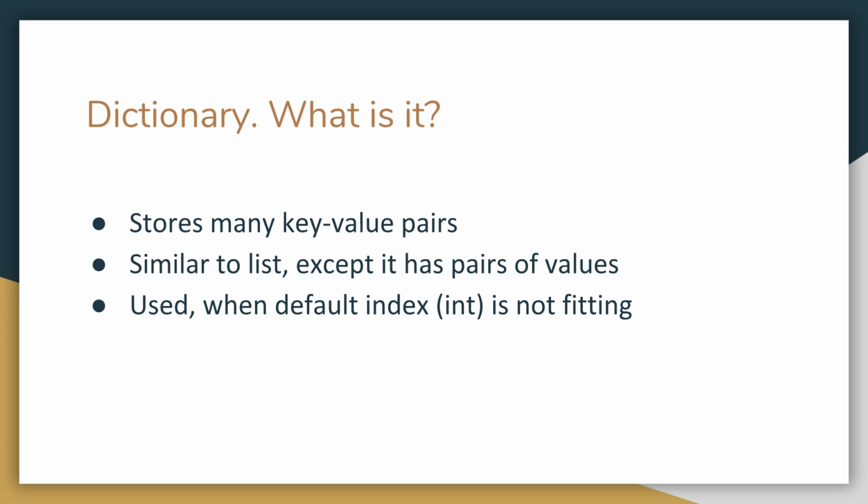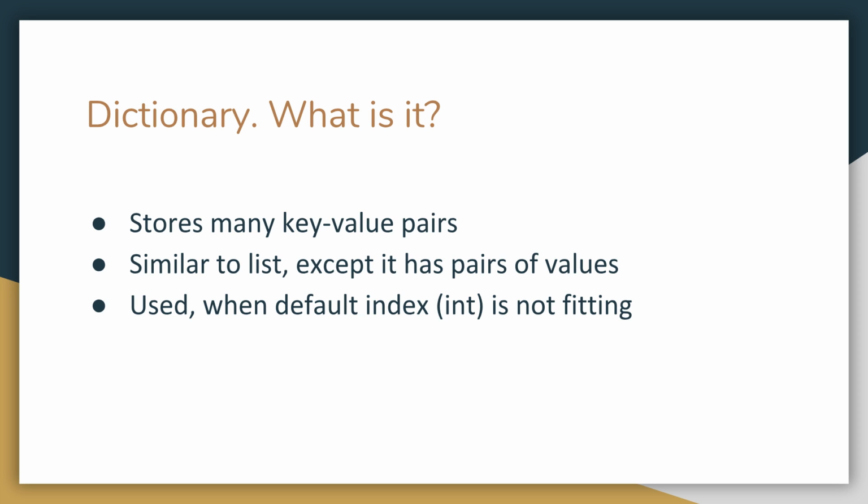So when should you use a dictionary? The answer is when an integer as an index is no longer fitting, and when using an index other than an integer would give you more meaningful results.